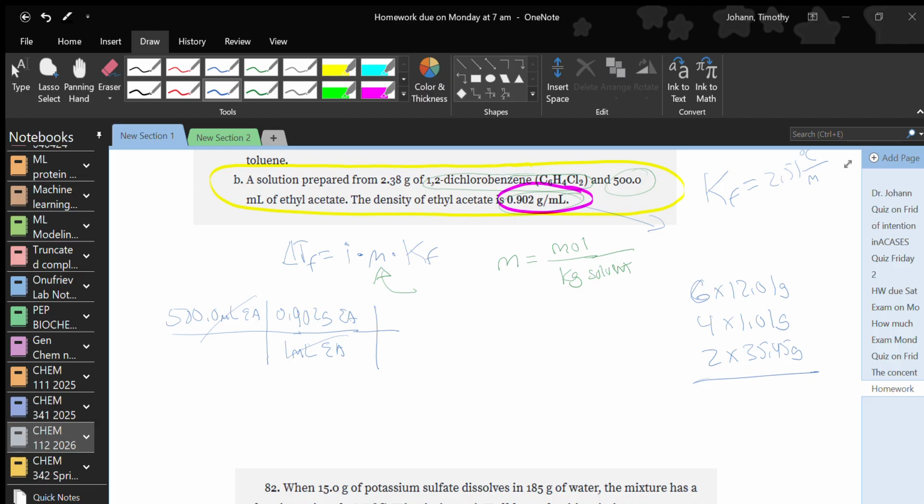So 6 times 12.01 plus 4 times 1.01 plus 2 times 35.45. I got 147 even. Anybody else get that? 146.something? You dropped it. Oh, well, there you go. All right, 147 is close enough, though. I'm going to go with my 147.